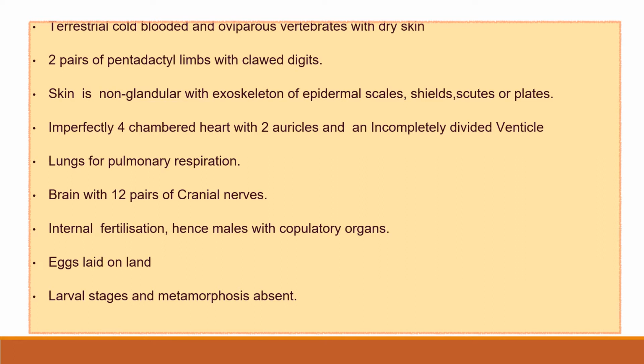The skin is dry and non-glandular, having an exoskeletal covering of epidermal scales, which are modified in some to form shields, plates or scutes, which contain keratin. Bony plates, osteoderms, develop beneath the scales in some forms, for example lizards and crocodiles.